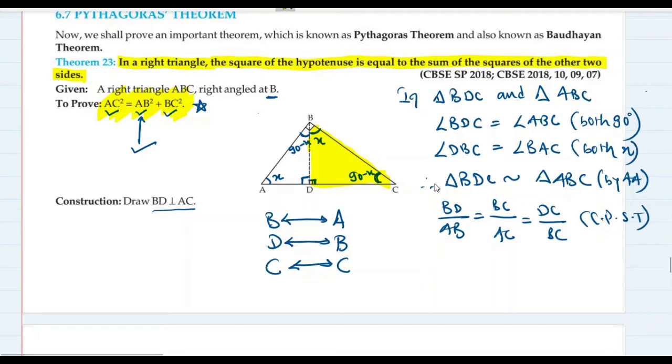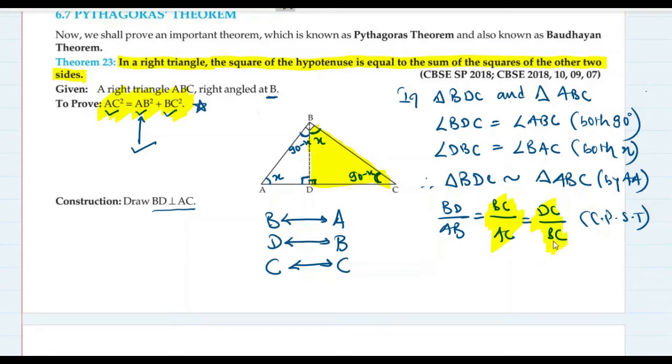If you are thinking about the technique which I told you in the last part, you are right. The technique was to select two ratios, one of whose denominator is equal to the other's numerator. So those kind of ratios are these over here, BC upon AC and DC upon BC.